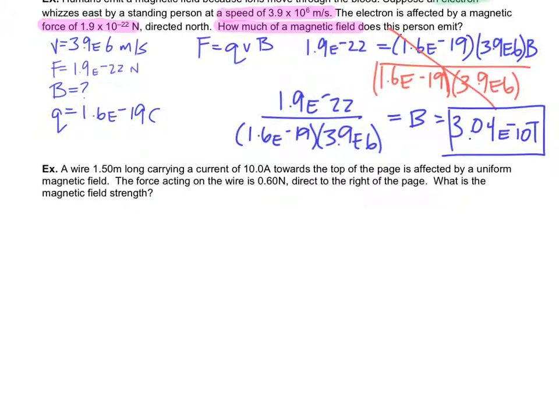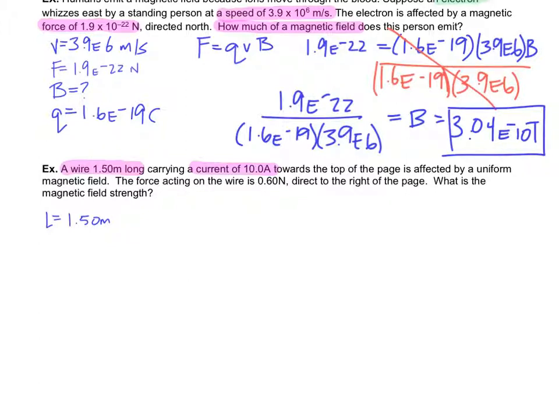So let's identify some of the things that we are given here. Starting with, it's talking about a wire that is 1.5 meters long. So this is telling me the length of that wire, which is symbolized with a capital L. Okay, it also tells me that it is carrying a current of 10 amps.